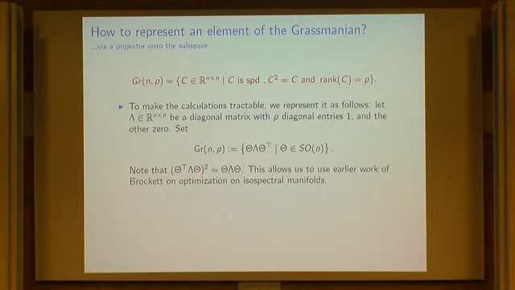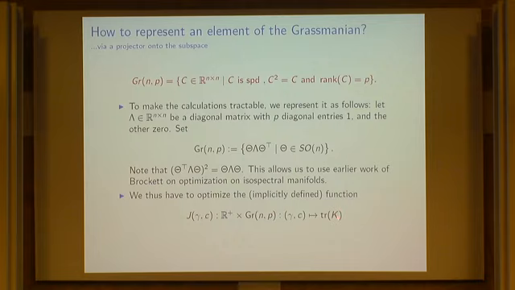And you can write this explicitly, that C squared is equal to C, and obviously by construction, this diagonal matrix has p entries of 1, so this will have rank p. So this is the way we're going to represent the Grassmannian, the set of matrices that we can write in this way.